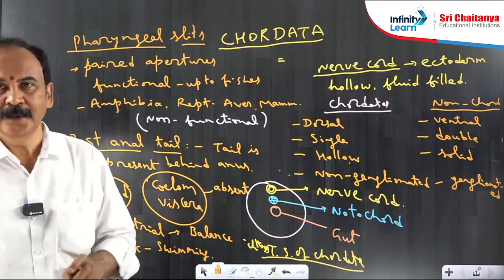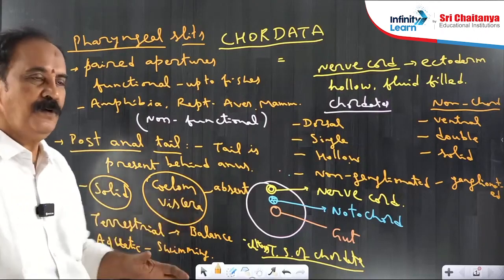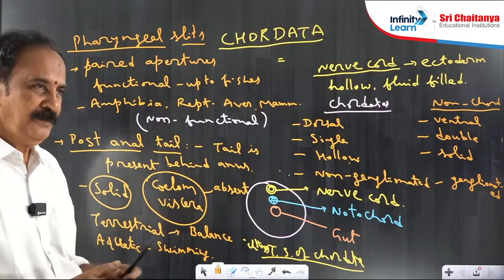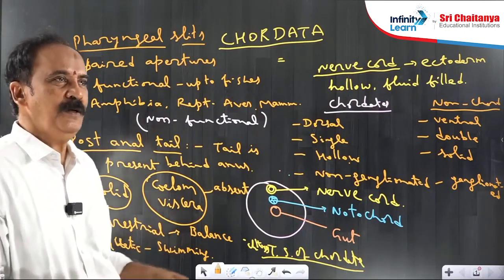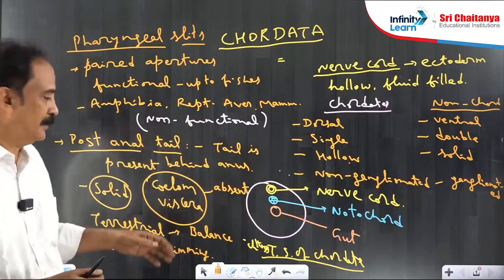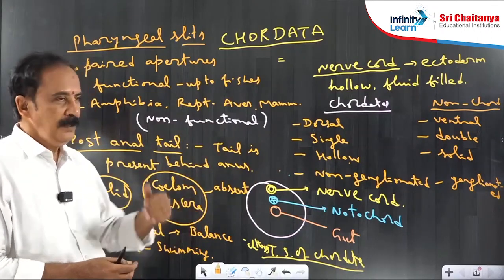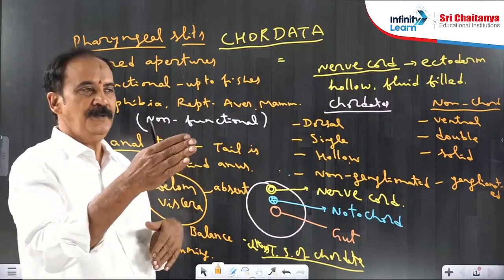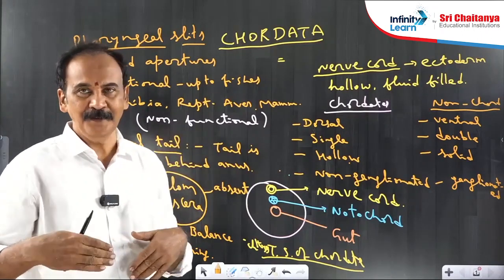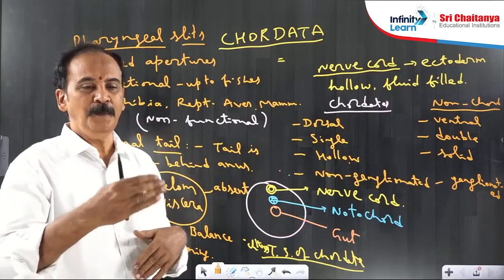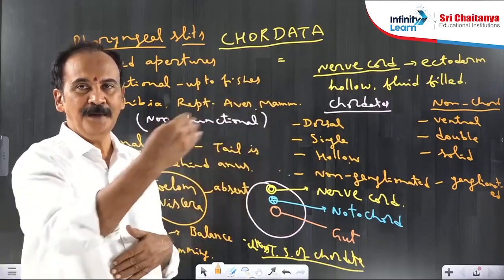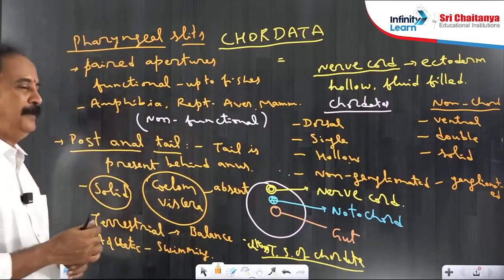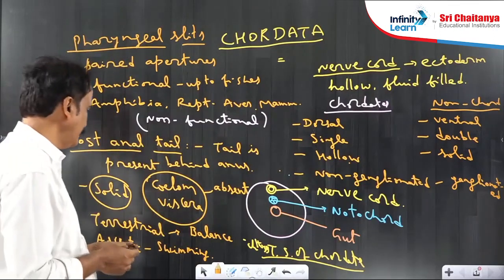Okay, the tail in land animals, if at all the animal has it, will be helping in balancing the organism, and in the aquatic case, it will be helping in swimming or propelling the animal. If you might have seen a fish, the fish will be moving its tail laterally, so that it propels the fish from behind forwards. So the tail fin or the caudal fin will be helping there for swimming activity.